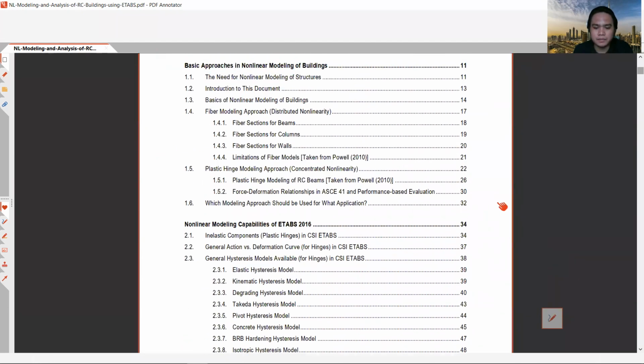So plastic hinge modeling of the RC beam taken from Dr. Powell. So discussion for the nonlinear analysis. So nandun siya sa YouTube. And 1.5.2 is the force deformation relationship by the ASCE 41 and the performance-based evaluation. So okay, sige, let's start.